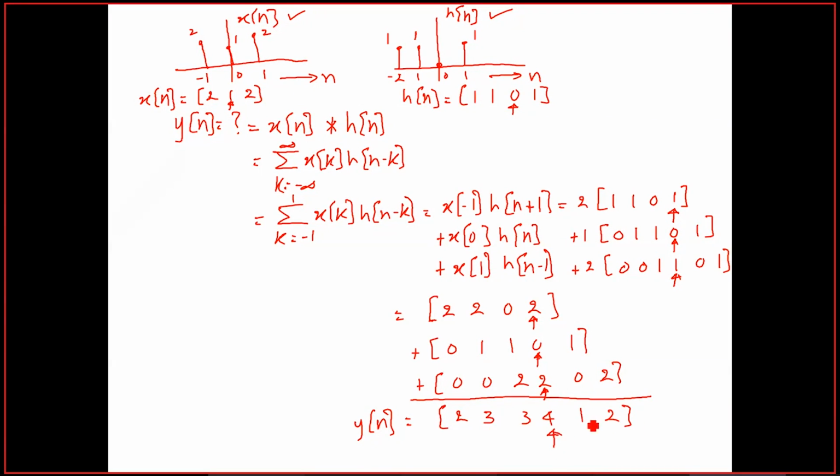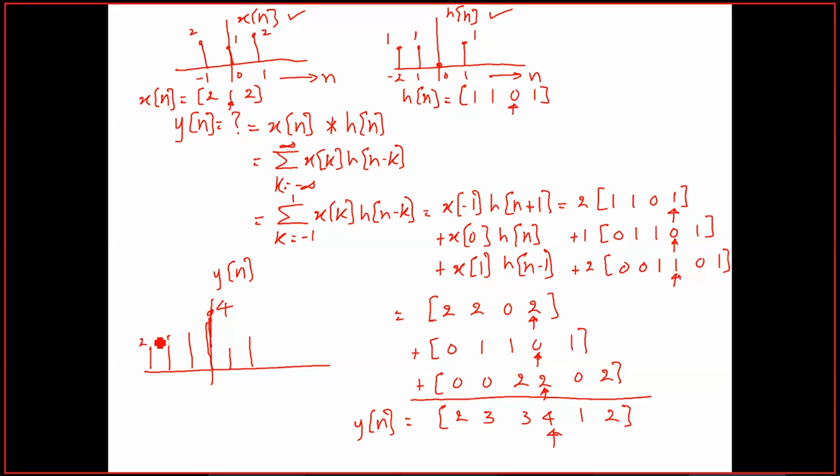Now we can just write it like that, or if you want to draw this, we can draw your y of n also. Your y of n, again, will be the value, let's say 4 right here, and then we have value 3, then we have 3, then we have 2, and on this side we have, let's say 1, and we have 2.